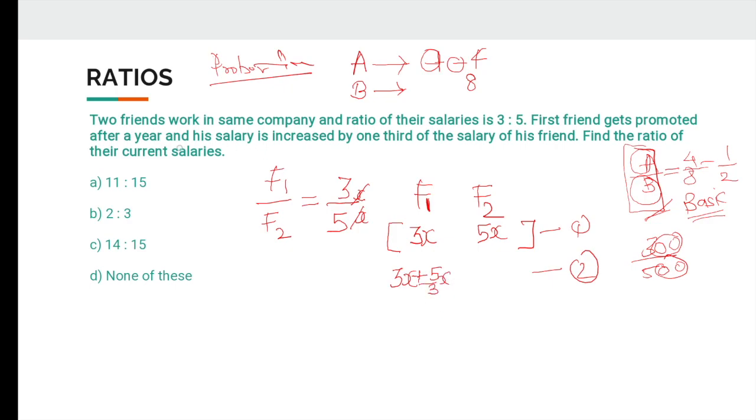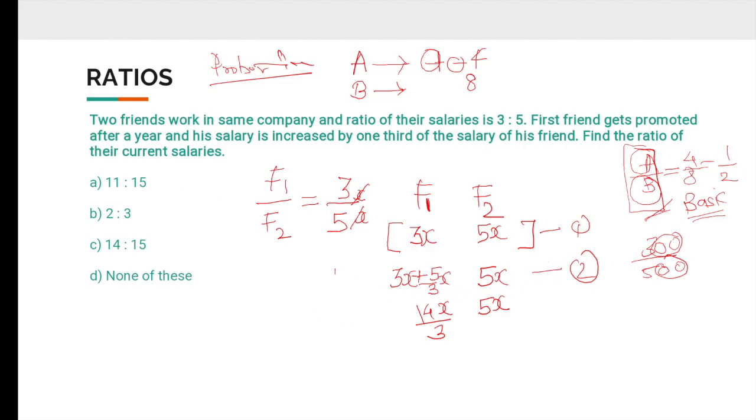Because he's saying it is increased by 1/3 of the salary. The salary of friend 2 remains the same because nothing is told in the question. So can I say 3x + 5x/3 is 14x by 3, into 5x? Now, what is the ratio of their current salary?